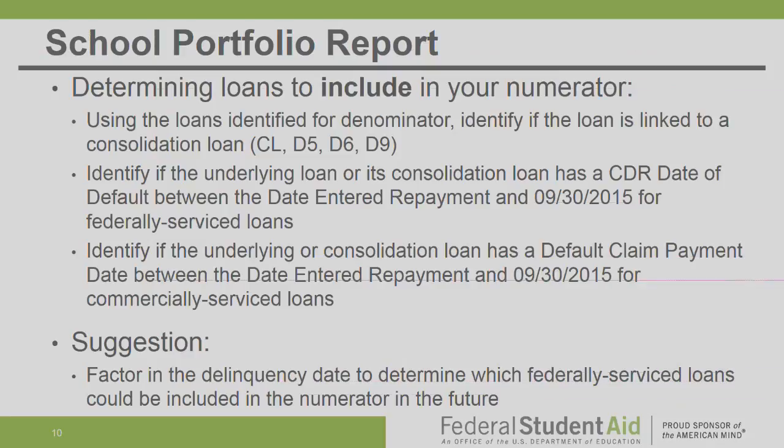So if you see a borrower at, let's say, 300 days delinquency, they only have 60 more days, and then they're going to count as defaulted in your numerator. So if you start using the delinquency date instead of the CDR default date, you can start to see over time who's potentially going to move into your numerator sooner or later. And I wouldn't encourage you to worry only about the borrowers that are going to default in your CDR. You want to worry about all of your borrowers, but this might be a good place to start.